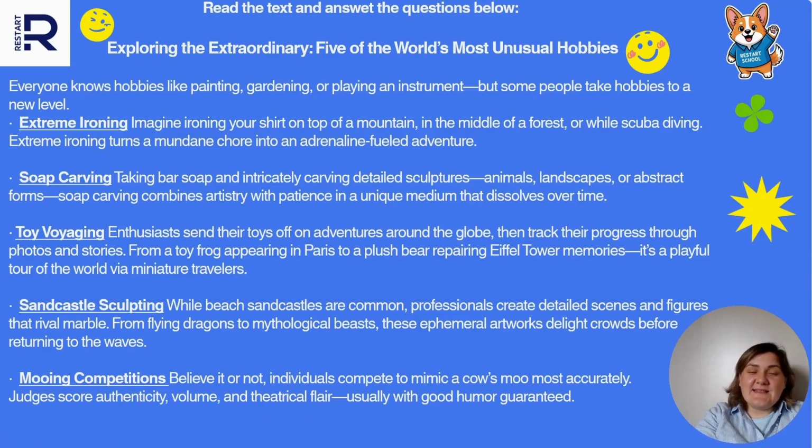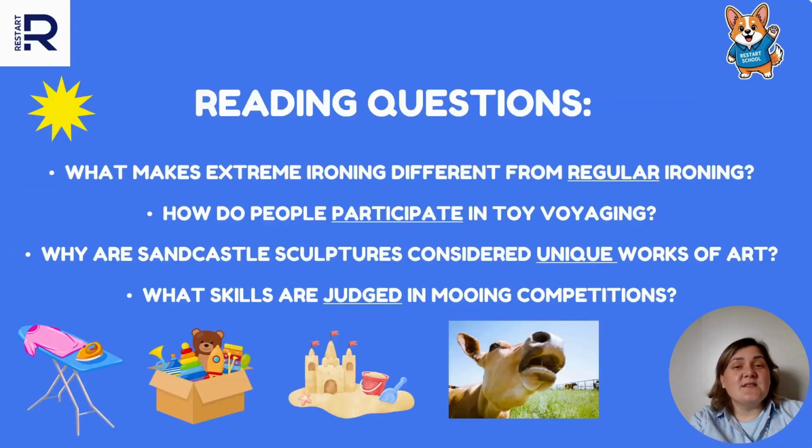So I guess that this text was very interesting and you managed to answer all of the questions. Please think about Kazakhstan. What would be the most popular strange hobbies in Kazakhstan? And which one of these hobbies would you like to try yourself? Write it in the comments, please.